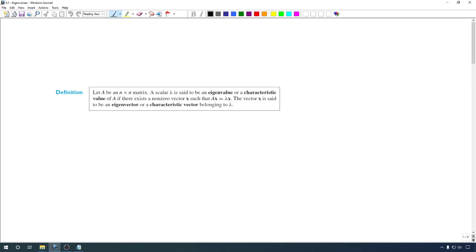Well, that usually won't happen, though it can. But what happens more often is the vector that we end up with is a multiple of the vector that we started with. In other words, if we take our matrix and multiply it by this vector x, we want to get back a multiple of the x that we started with.